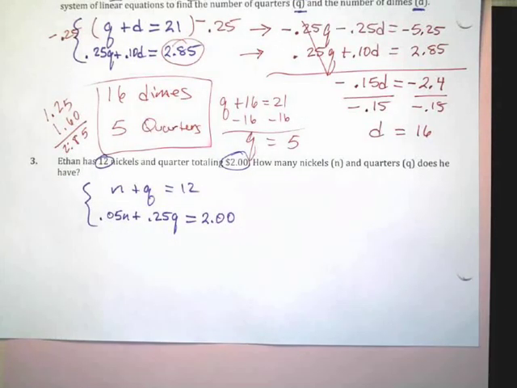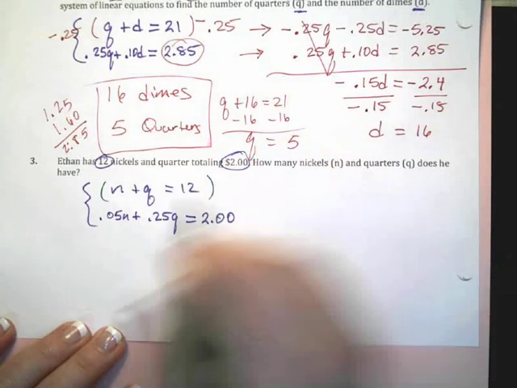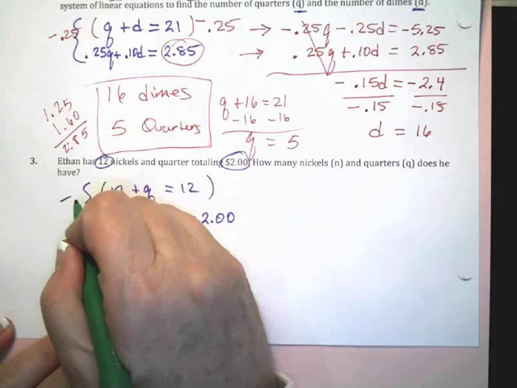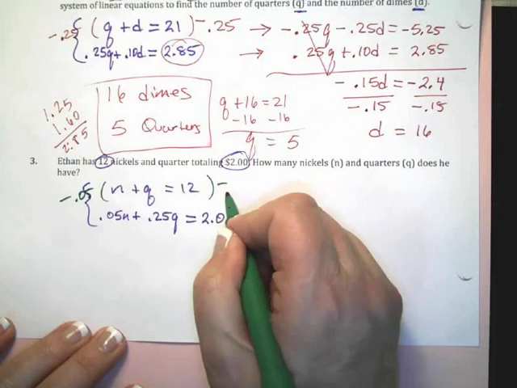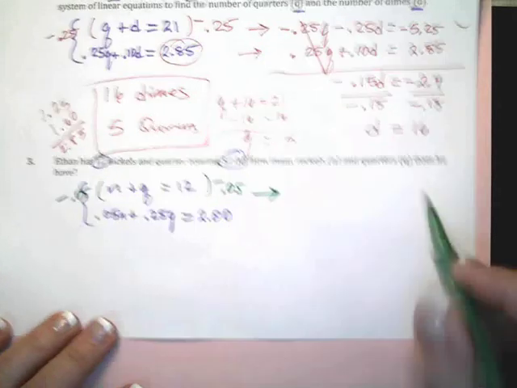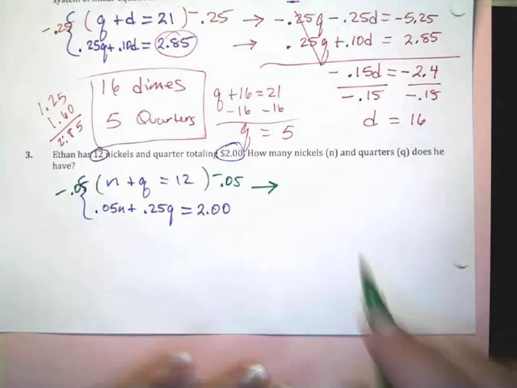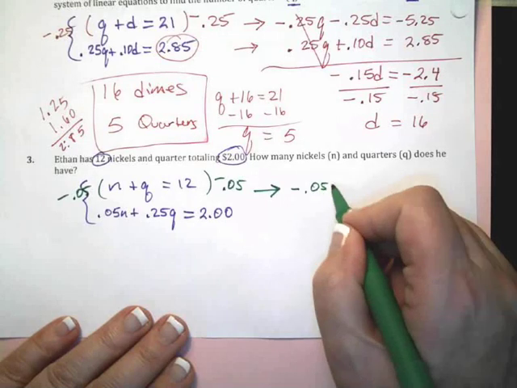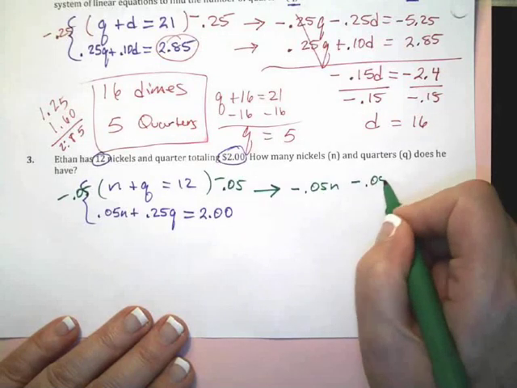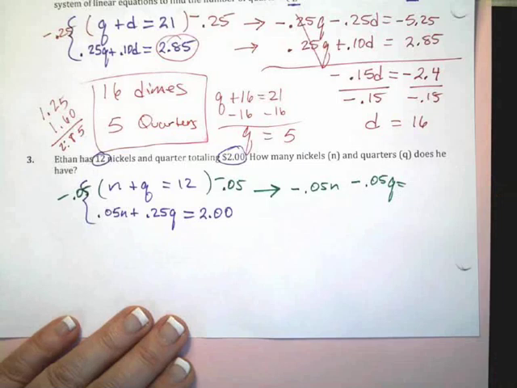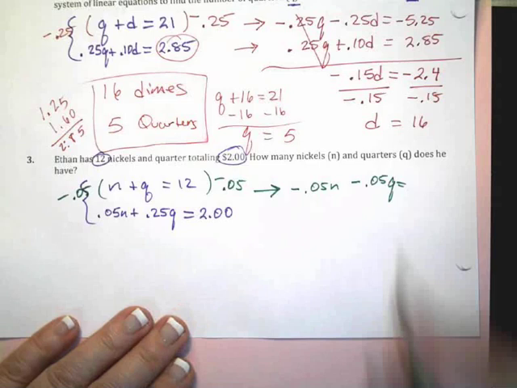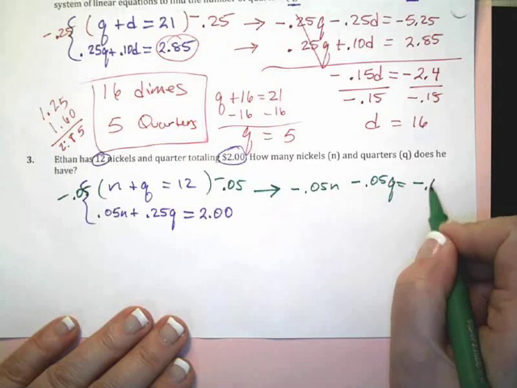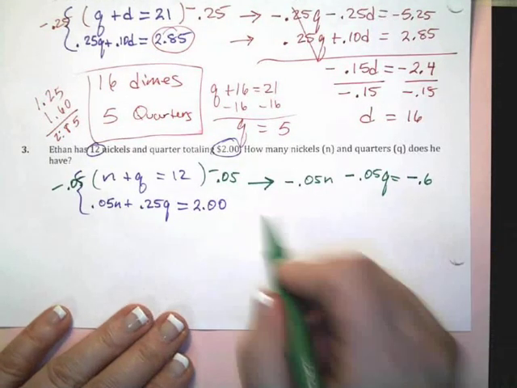So I'm going to eliminate n's. So if I multiply this top equation by negative 0.05, that will help eliminate the n variables. So negative 0.05n minus 0.05q equals negative 0.6 or negative 0.60.